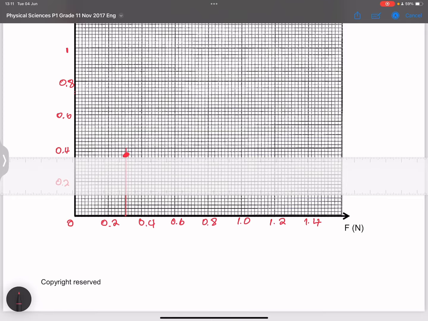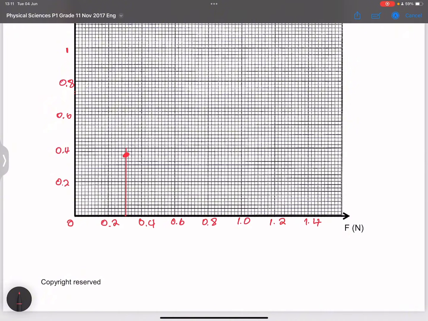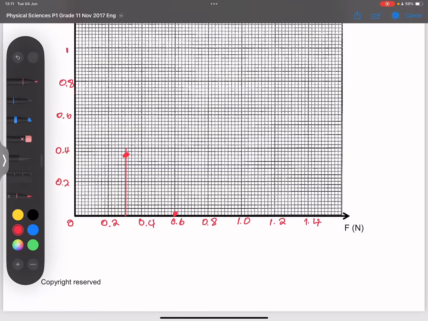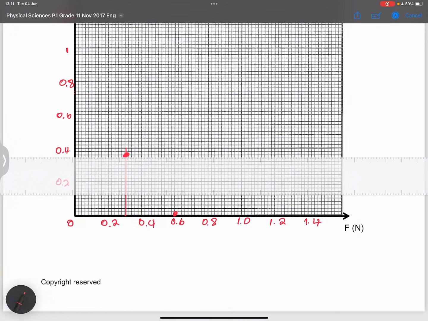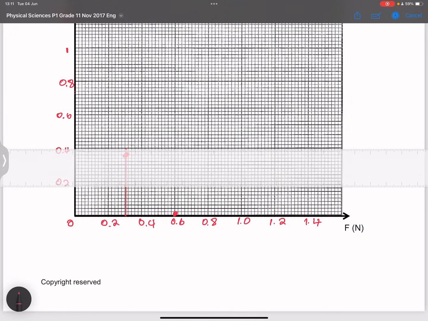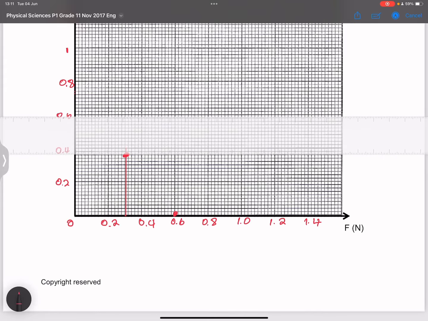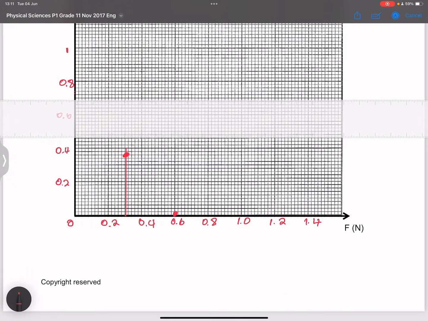The second value, right, is 0.6 and 0.73. So 0.6 is quite easy. It's that value there. Now let's find 0.73. Okay, so let's take out our ruler again. So 0.7. Okay, so 0.7 is really above 0.6.